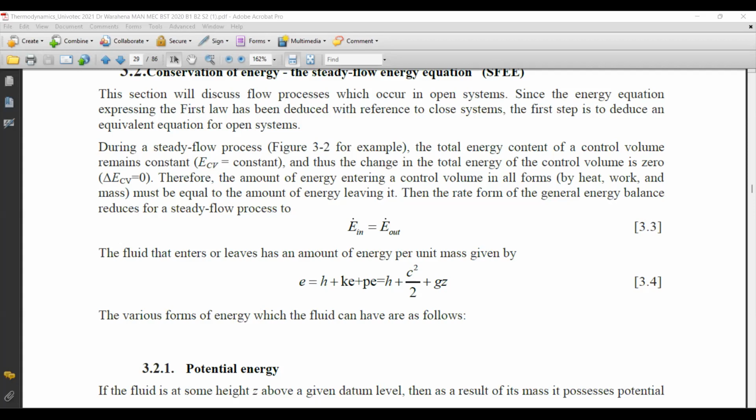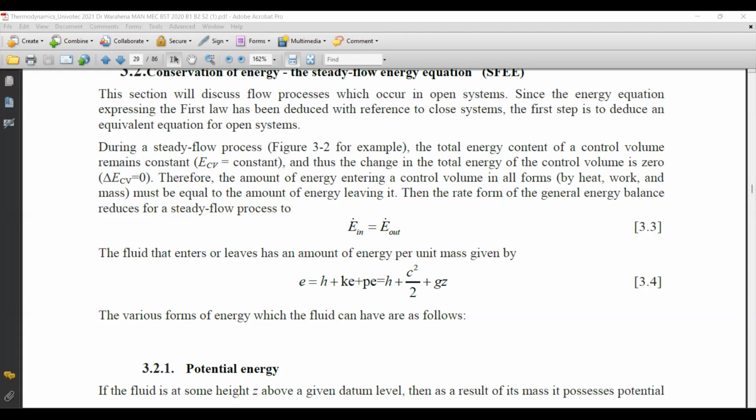Means there is a force and a displacement. Okay. Force times displacement. So you can see everywhere this force times displacement means work. So this pushing effect, force and displacement of the flow, that's why we call this flow work.